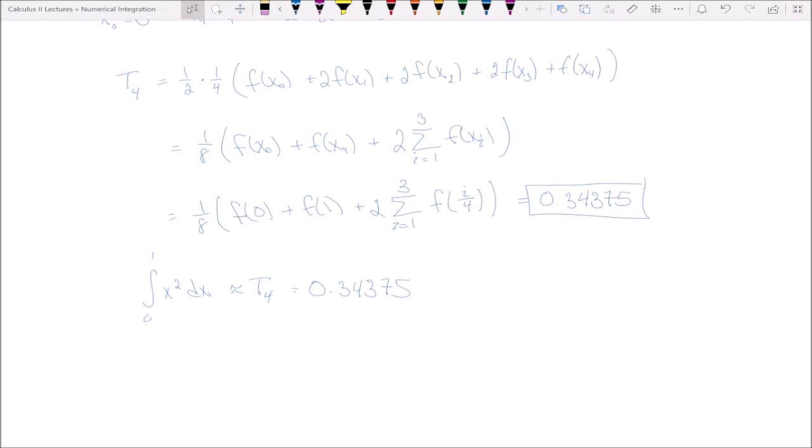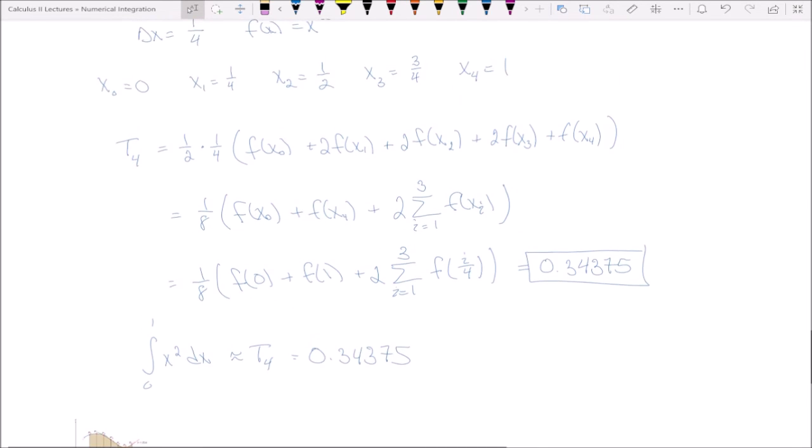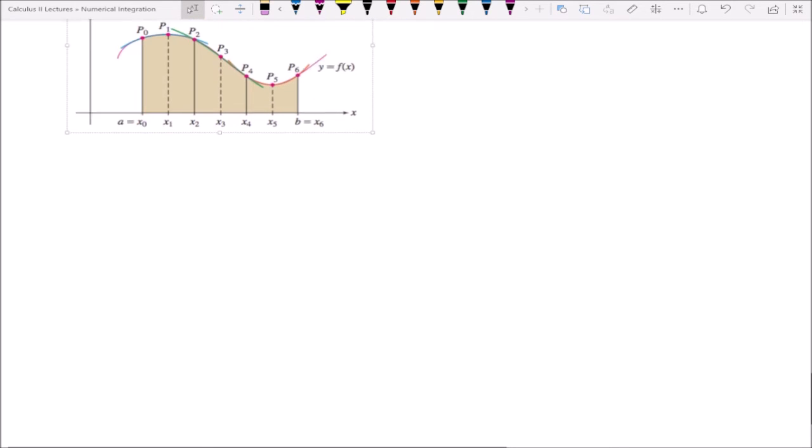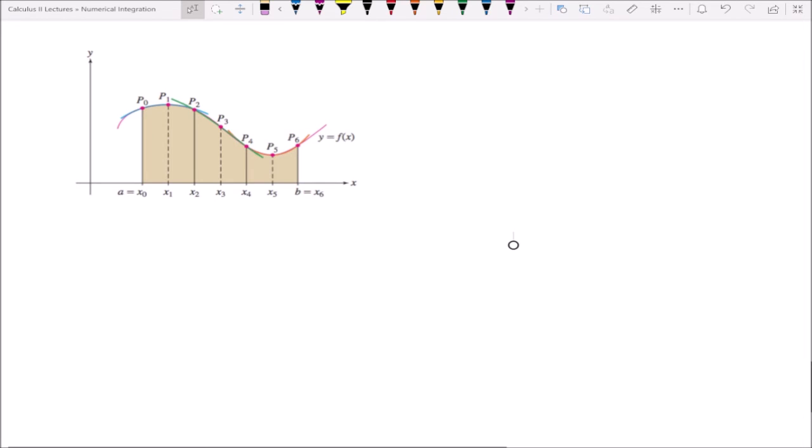For Simpson's rule, we replace the line segments from the trapezoidal rule with parabolas instead, as shown in this image. This allows us to obtain an approximation that is usually substantially more accurate than either the trapezoidal rule or the midpoint rule.